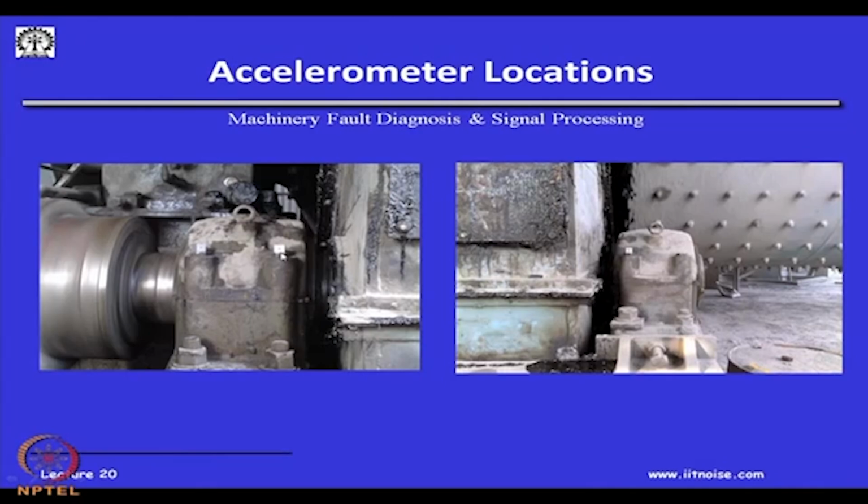We just clean the surface, remove the grease, put a cement, and then it sticks. Almost instant glue is there, and then you can put this block onto this block. You can screw the accelerometer, and this is the rotary kiln I was talking about in a cement plant actually. Okay, and this is the plumber block which is used to house the bull gear. Okay.